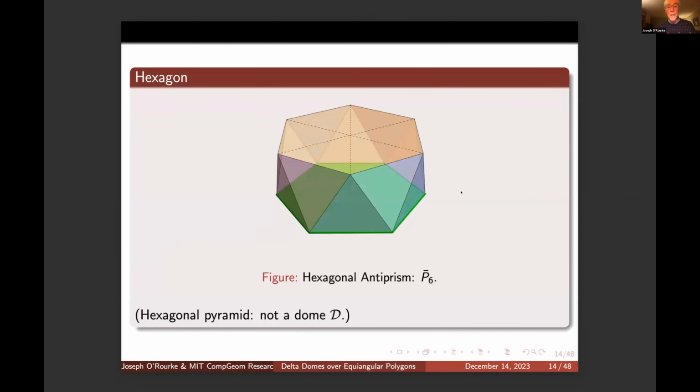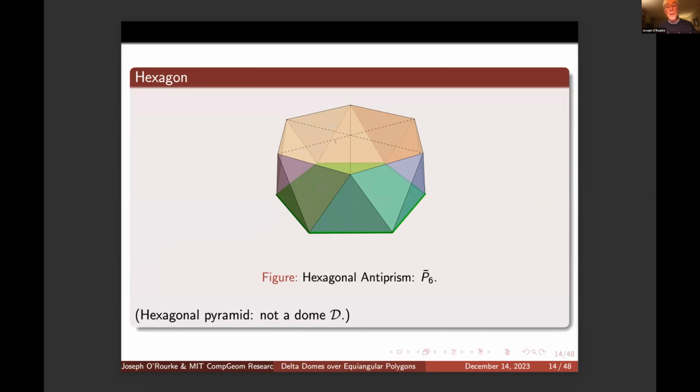Well, this is one way. Use a hexagonal antiprism. So the base is a regular hexagon, and this is called an antiprism in that rather than put the base of the equilateral triangle parallel to here, you do every other one. And that's called an antiprism.